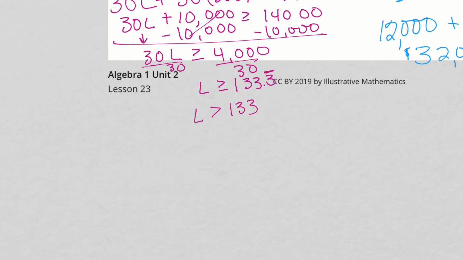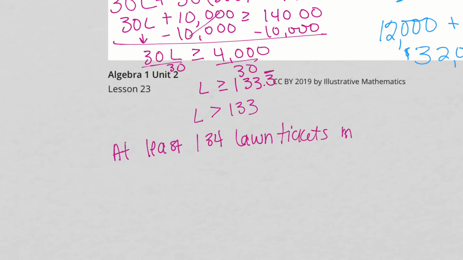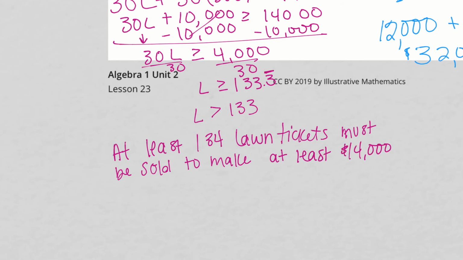So we could say at least 134 lawn tickets must be sold to make at least $14,000.